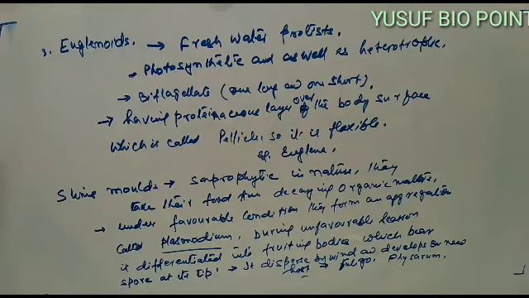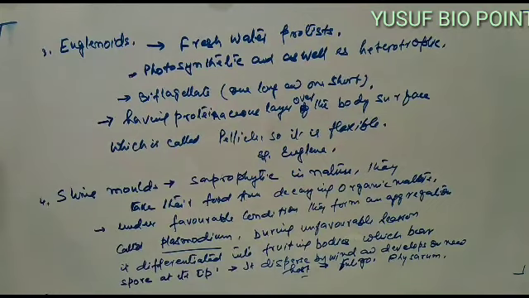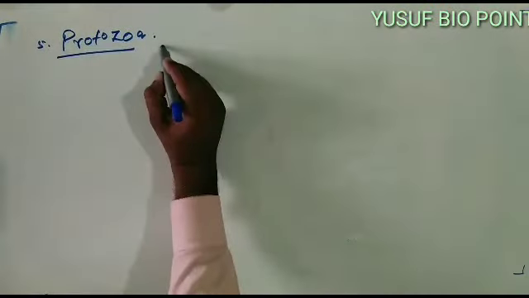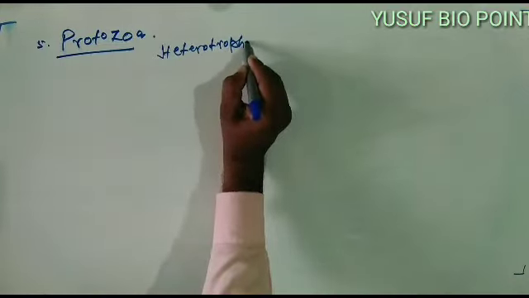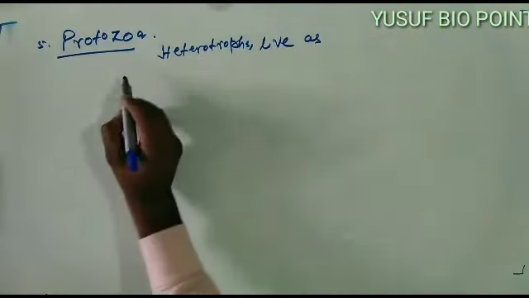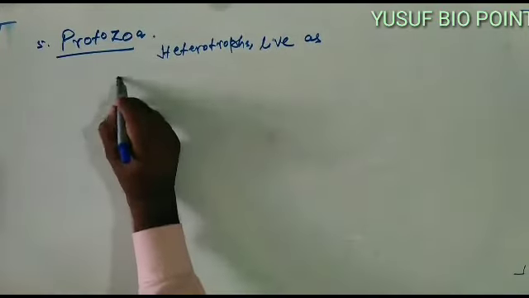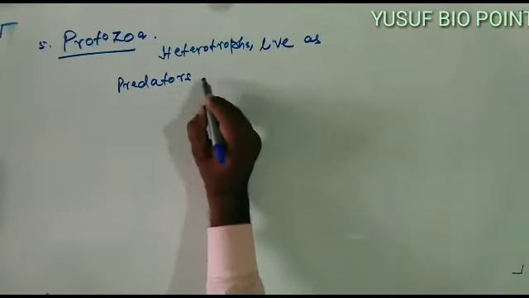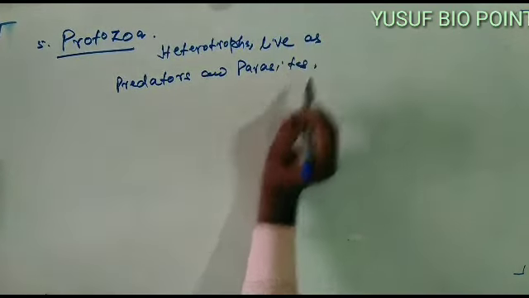So among the protists, these three are photosynthetic, and slime mold is saprophytic. The protozoa are also single-celled heterotrophs, living as predators and parasites.